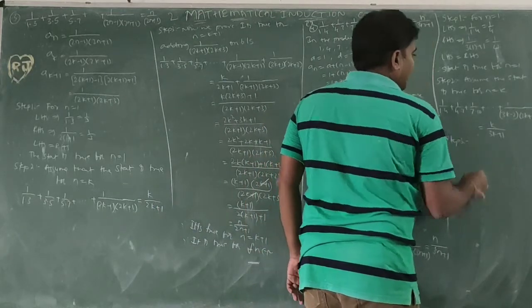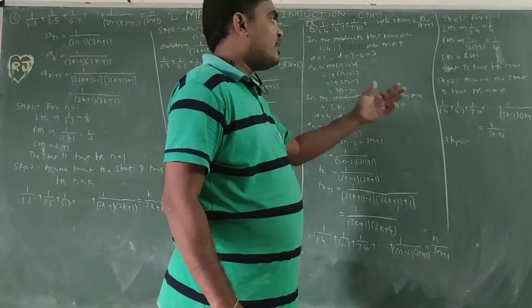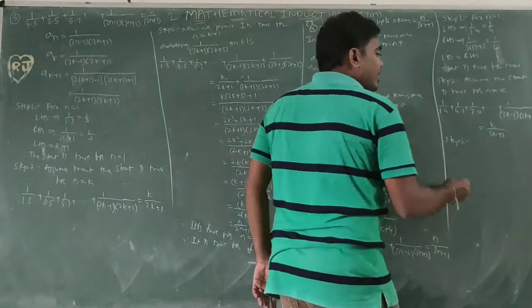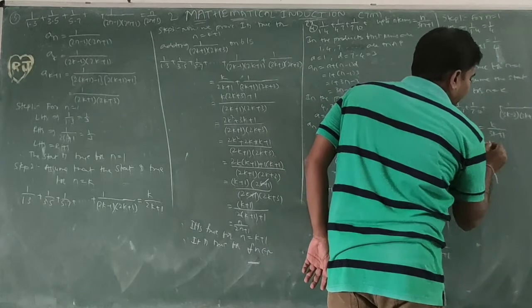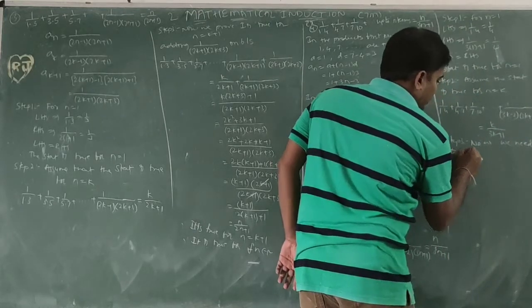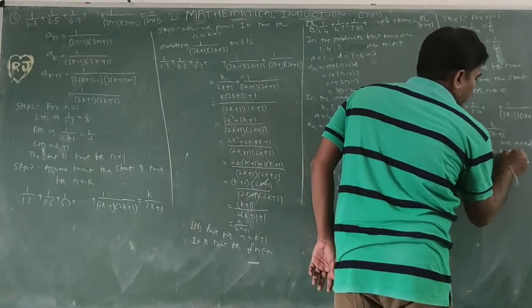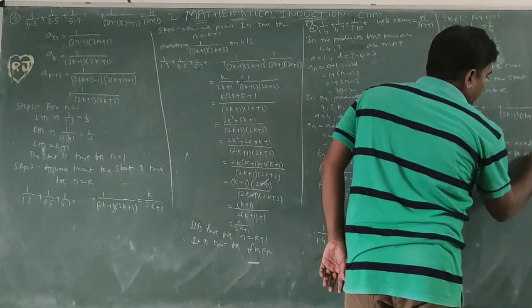What is step 3? In the first step we proved, in the second step we assumed, and in the third step we need to prove it is true for n equal to k plus 1.